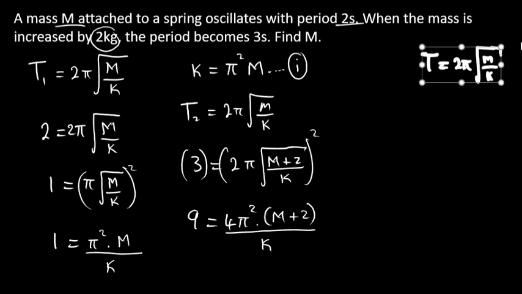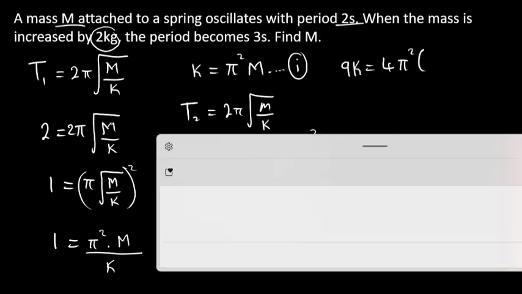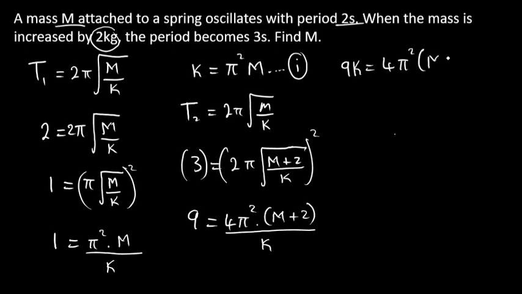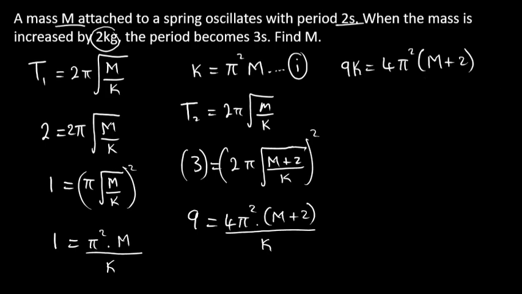If I cross multiply, this will be 9k is equal to 4 pi squared, open bracket, m plus 2. So with this expression now, I can get rid of the 9. So I have k is equal to 4 pi squared, open bracket, m plus 2, divided by 9, like that. Let's call this our equation 2.